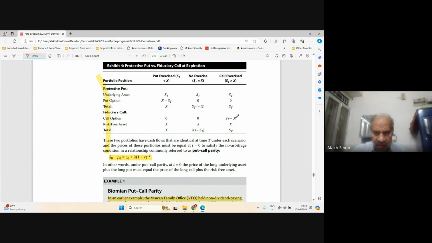So this X and this X cancel, and he gets ST. So this ST and this ST are equal. That is how the put-call parity equation tells us S0 plus P0 is equal to C0. Okay. Is it clear or was I too fast?